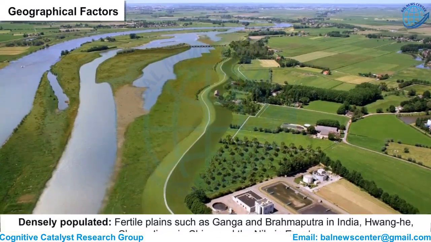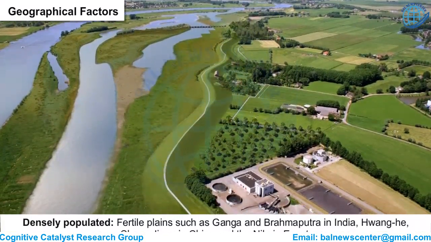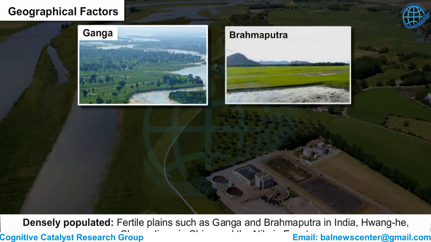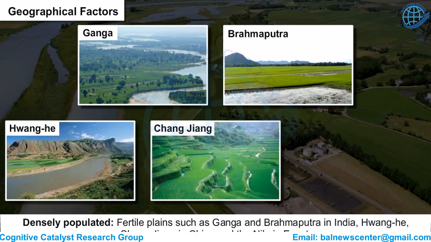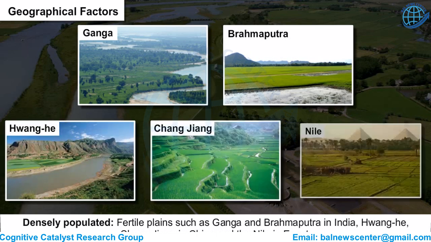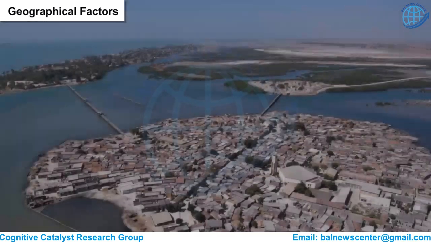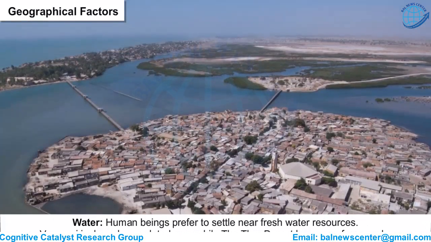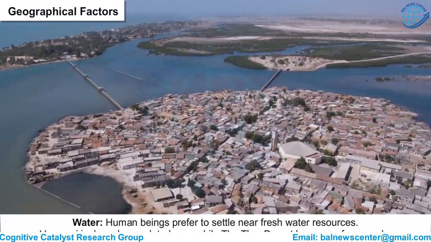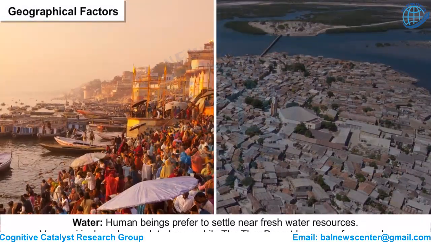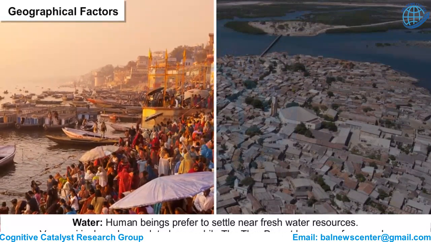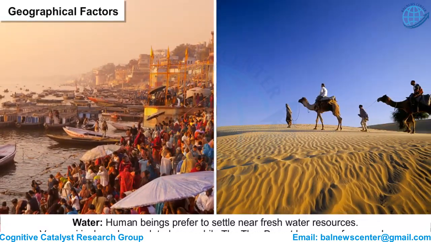For example, densely populated fertile plains such as the Ganga and Brahmaputra in India, Huanghe and Changjiang in China, and the Nile in Egypt. Water. Human beings prefer to settle near fresh water resources. For example, Varanasi is a densely populated area while the Thar Desert has very few people.